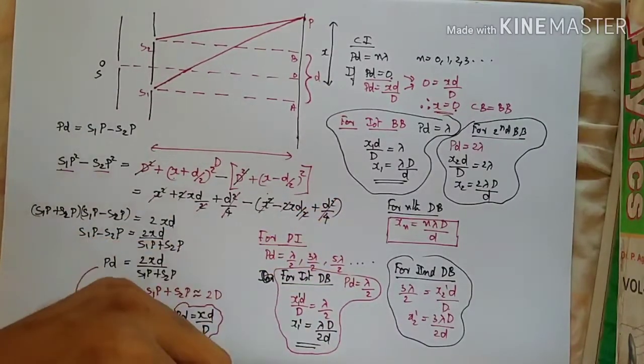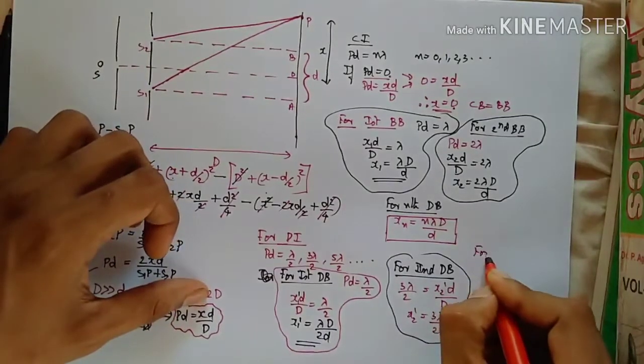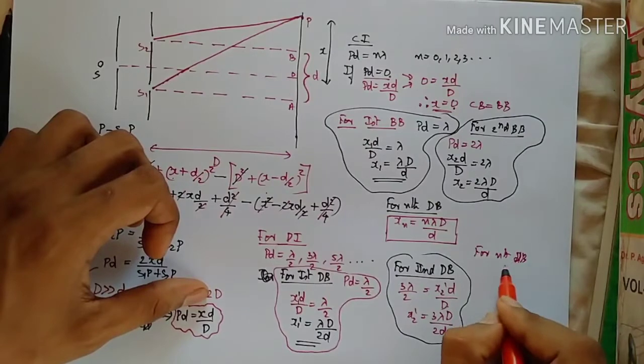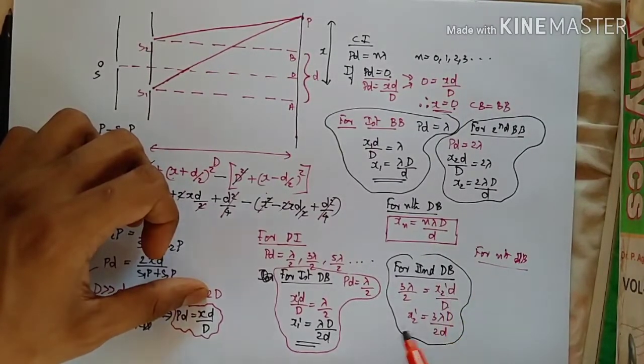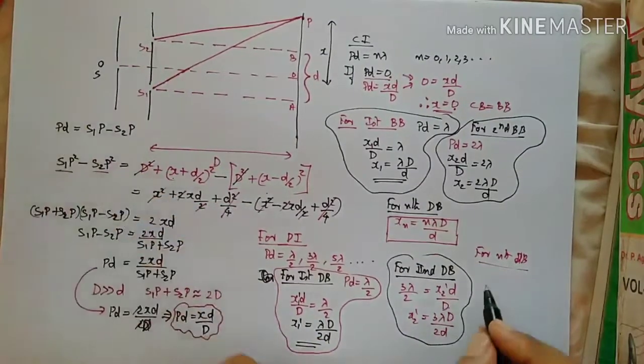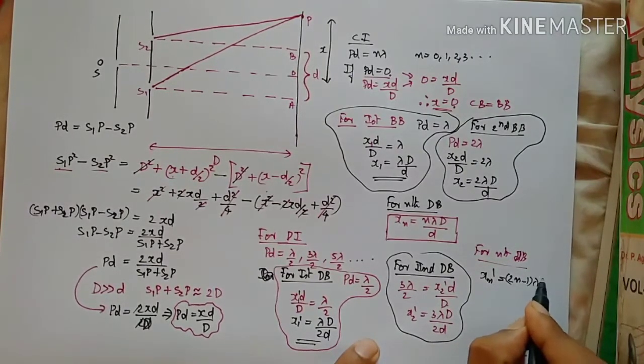Then let's generalize for the nth dark band. x1 dash is lambda D by 2d, x2 dash is 3 lambda D by 2d, then x3 dash should be 5 lambda D by 2d. Likewise, xn dash should be 2n minus 1 lambda D by 2d.